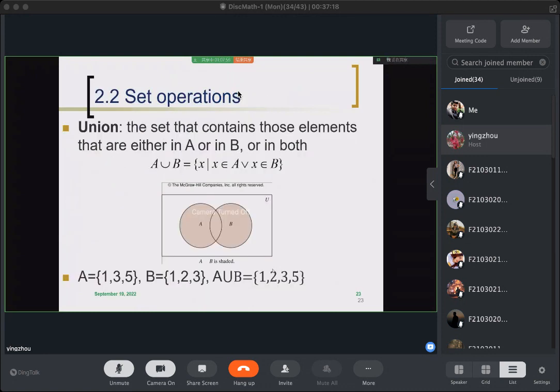And for the set operators, we also use logical expressions to describe the set operator definitions. In fact, we have already described set equality using the biconditional, and the subset also using the biconditional.